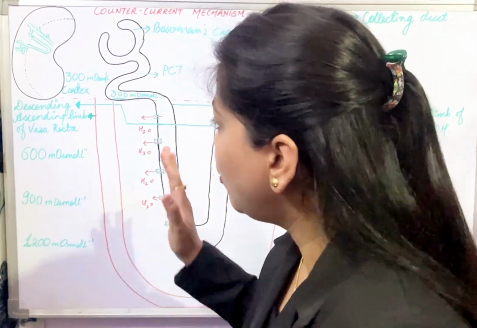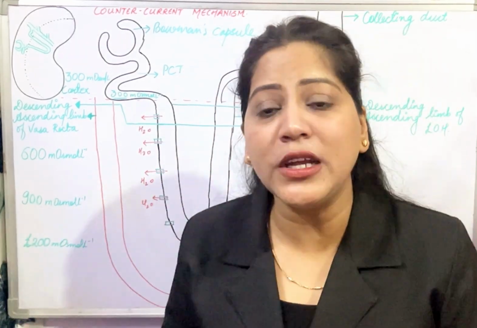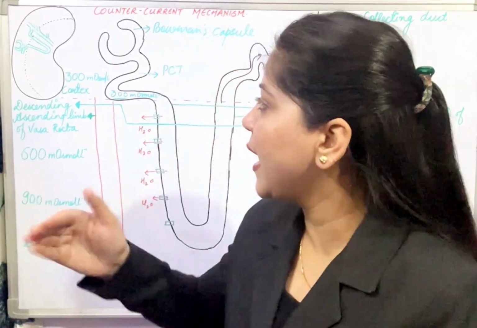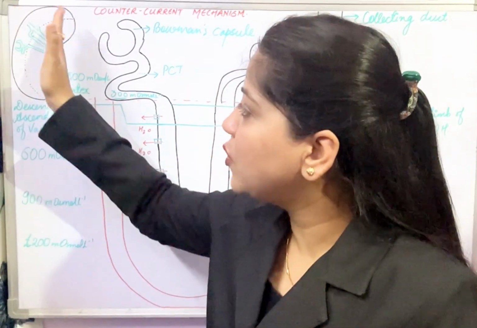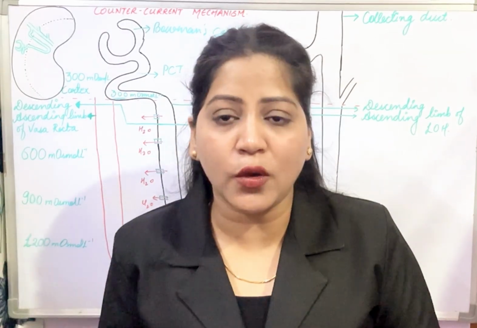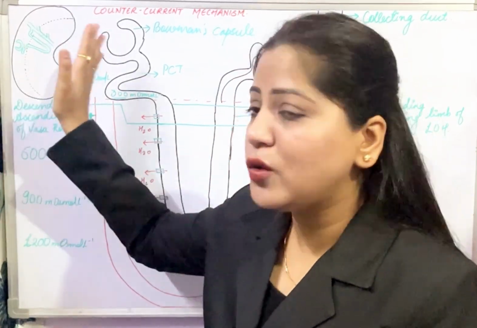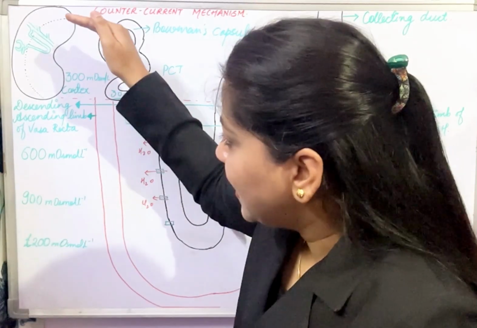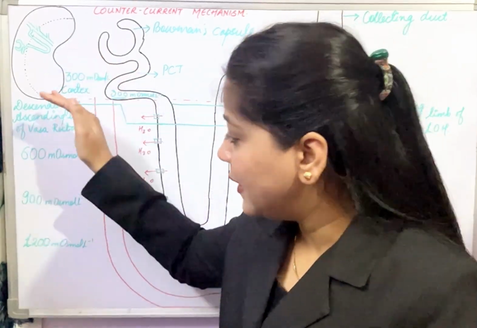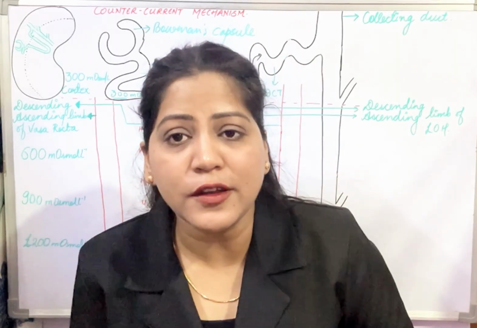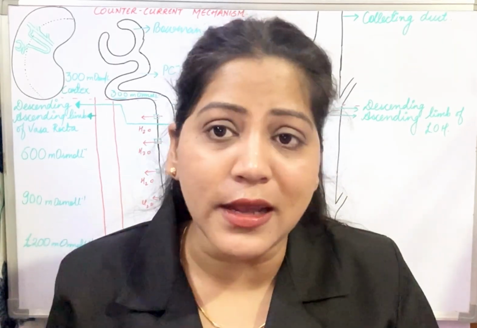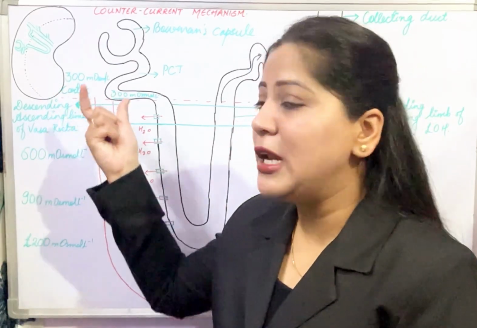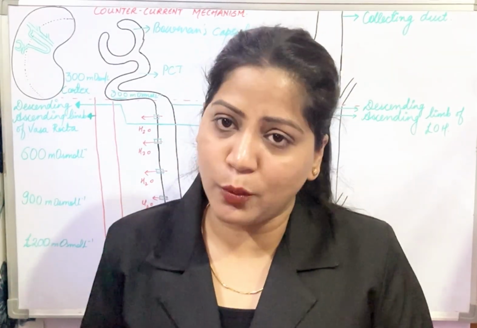Now before moving ahead, you know that we have two regions in the kidney, the cortical region and the medullary region. As you can see in the diagram, the peripheral region of the kidney is known as cortical region and the inner region of the kidney is known as medullary region. In the cortical region, you will find 300 milliosmol per liter of osmolarity.